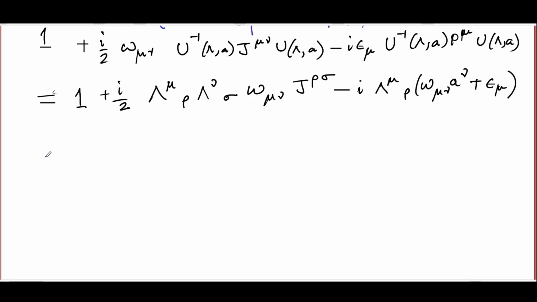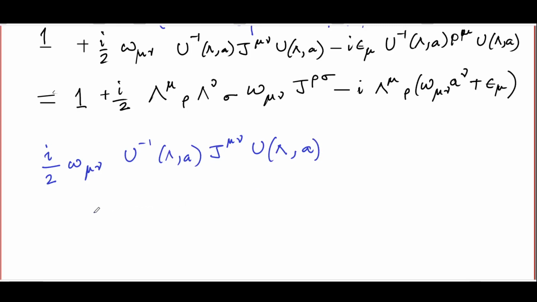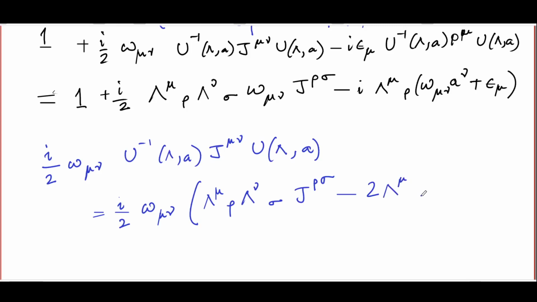So you have, considering just the term with the omega, I by 2 omega mu nu U inverse lambda A J mu nu U lambda A on the left must match I by 2 omega mu nu times lambda mu rho lambda nu sigma J rho sigma, that's what you get from this term, minus what you get from this term, which is twice, the 2 is simply because you have a half outside, lambda mu rho a nu times P rho.